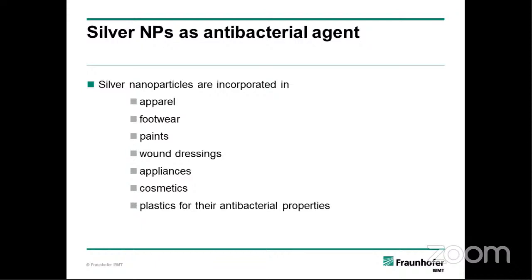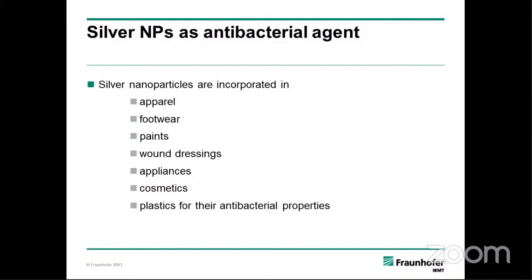In paints, for special surfaces where we don't want the bacteria, these kinds of paints are made with silver nanoparticles. When the silver particles are on the surface, there is less chance of contamination.